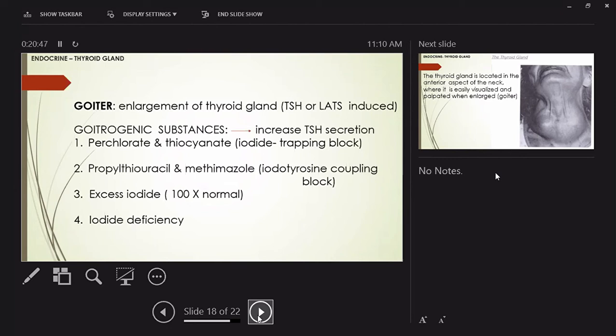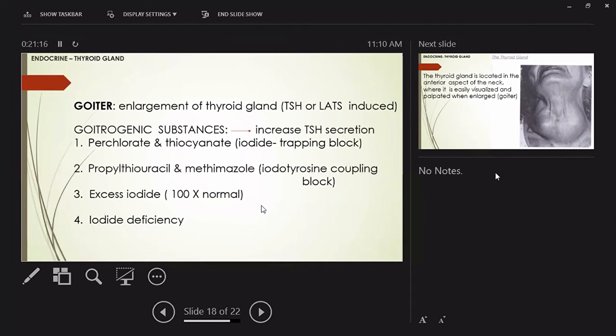Your perchlorate and your thiocyanate block iodide trapping. Your propylthiouracil and your methimazole, their action is iodotyrosine coupling block.